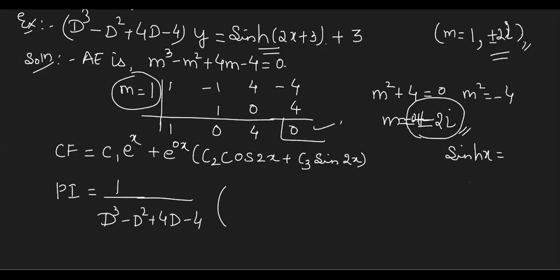Sine hyperbolic x is e raised to x minus e raised to minus x upon 2. Very good. So if you compare this with here, instead of x, what do you have? 2x plus 3. So whatever x is there, write it as 2x plus 3. Am I right with this? Just check.